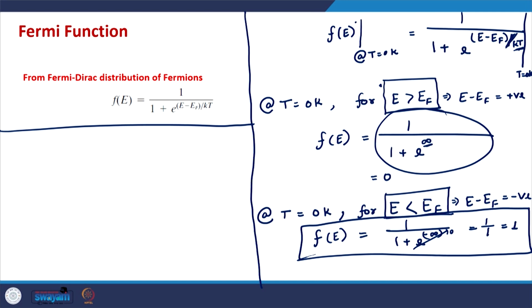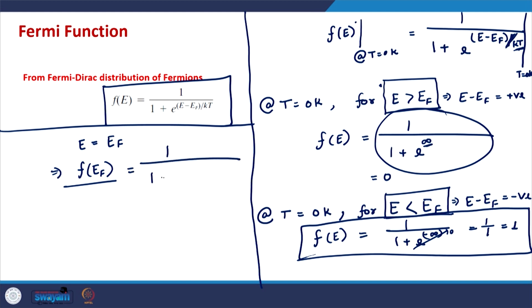Let us see how that comes about. So, this is the Fermi function, and in this Fermi function if we replace E by EF, the left hand side will become F(EF), the probability of EF being occupied, and that is equal to 1 divided by 1 plus exponential of (EF minus EF) by KT.